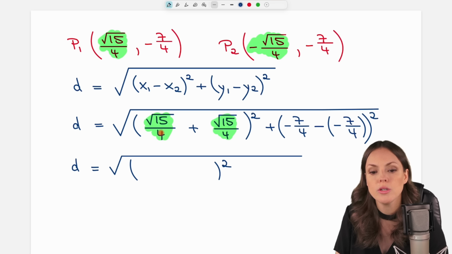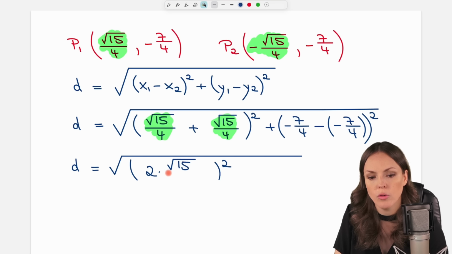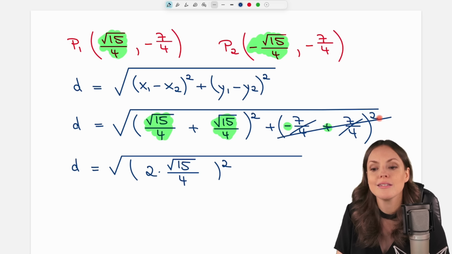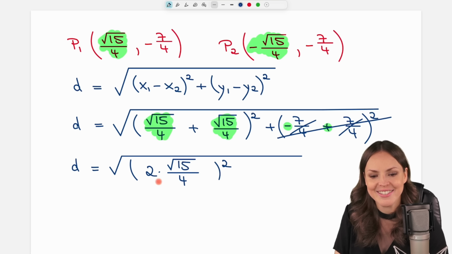So it is 2 times this green element, that is the square root of 15 over 4. And then here it's similar. We also have minus and minus, which is a plus. So instead of this, I'm going to write down a plus. We don't need this anymore. But here it's negative 7 over 4 plus 7 over 4, which is just 0. So 0 squared is just 0. So this whole thing disappears, which is great. So it doesn't look that horrible anymore.